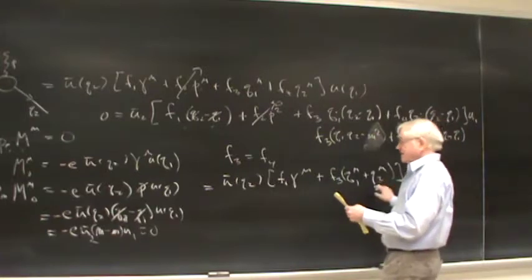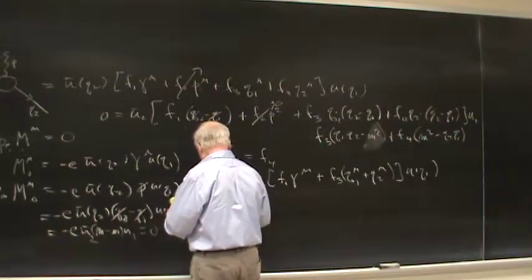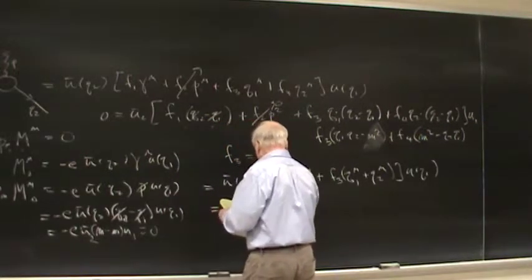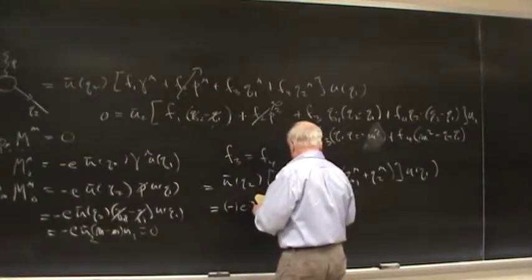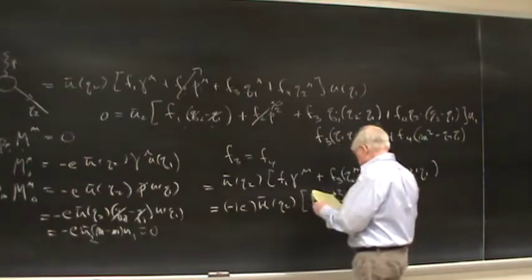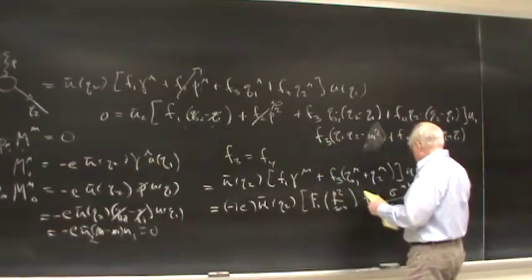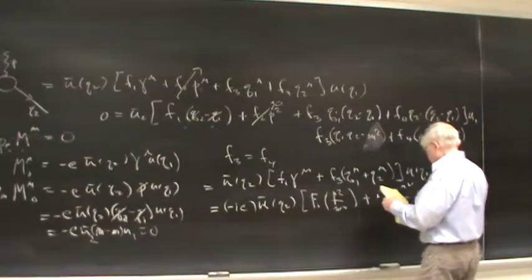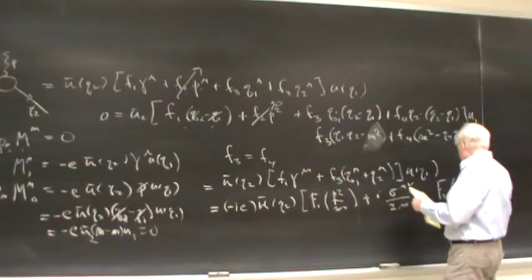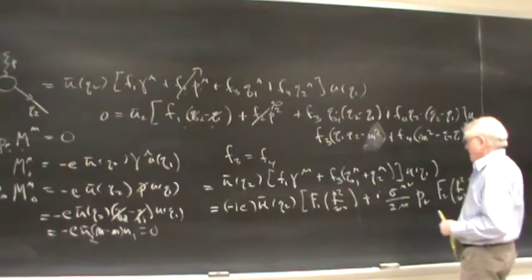The Gordon identity lets us rewrite this as minus IE U bar of Q2, F1 of P squared over M squared plus I sigma mu nu over 2M P nu F2 of P squared over M squared, U of Q1.